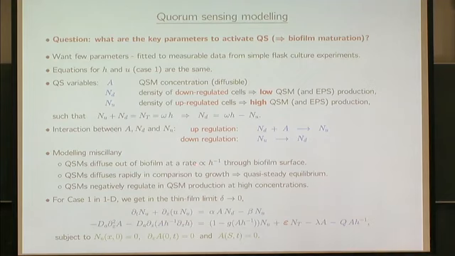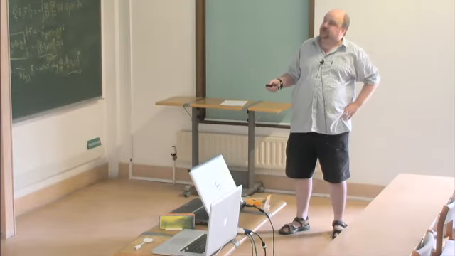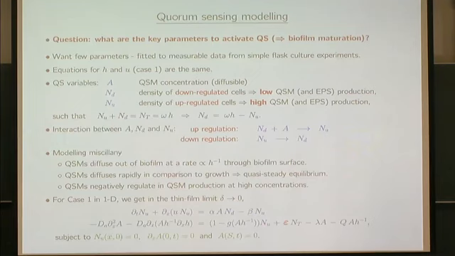So there is an escape constant Q, which comes from a mixed boundary condition for the escape rate of quorum sensing molecules from the biofilm. But when you integrate things, you just get a simple term coming out of it.